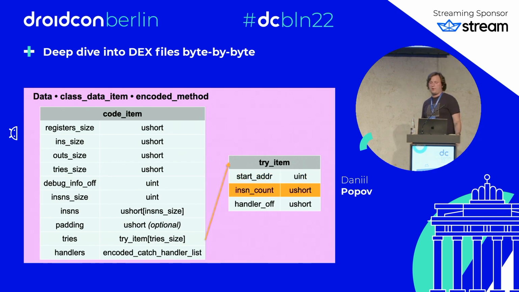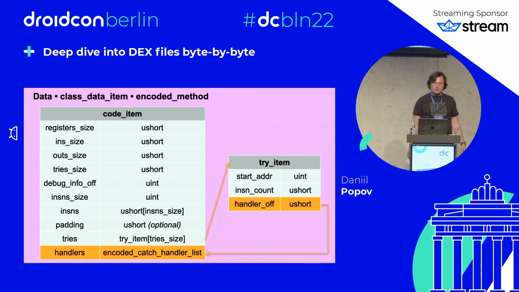Also, we have the number of 16-bit code units covered by this entry, how many instructions we cover, and we have the offset in bytes to the associated handlers list. This list is also out of scope for today's deep dive because the structures are also kind of complicated, but I will give you the link to the documentation, and if you're curious, you can discover it by yourself or come to me, and we will discuss it later.